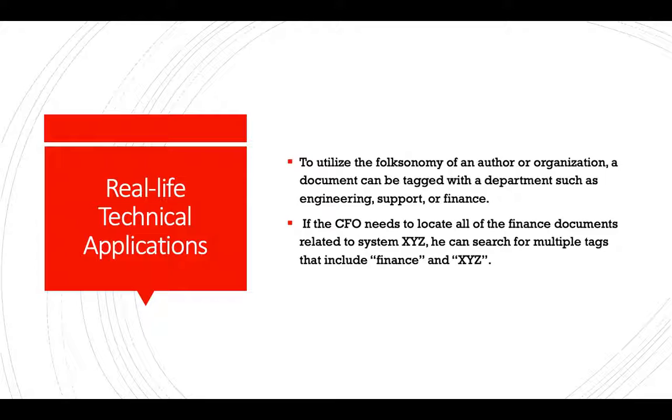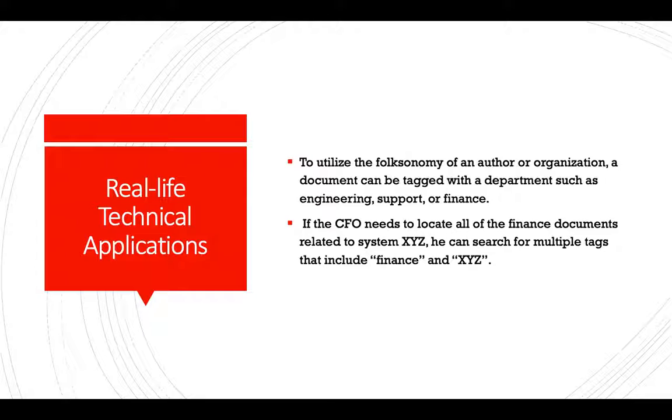To utilize the folksonomy of an author or organization, which is a different type of tag, a document can also be tagged with a department such as engineering, support, finance, whichever the document may belong to. In example two, we can discuss how to make your search smaller and more specific. You can use multiple tags to search.